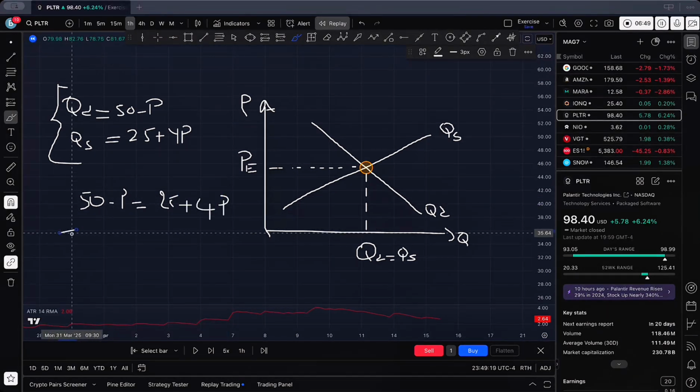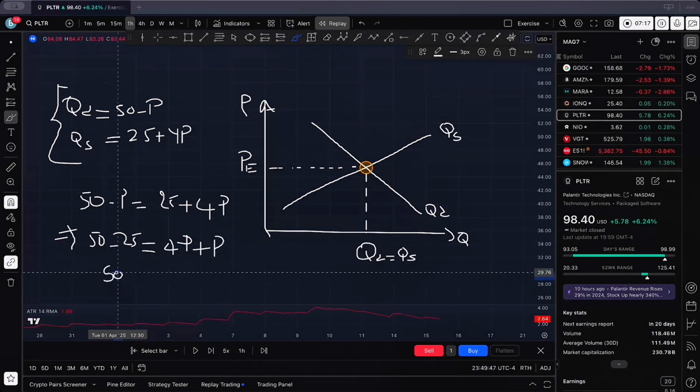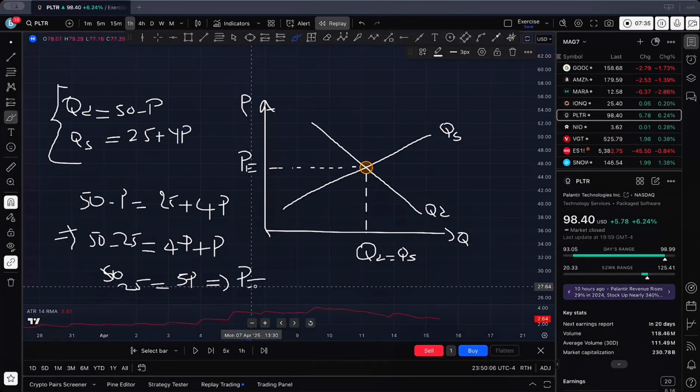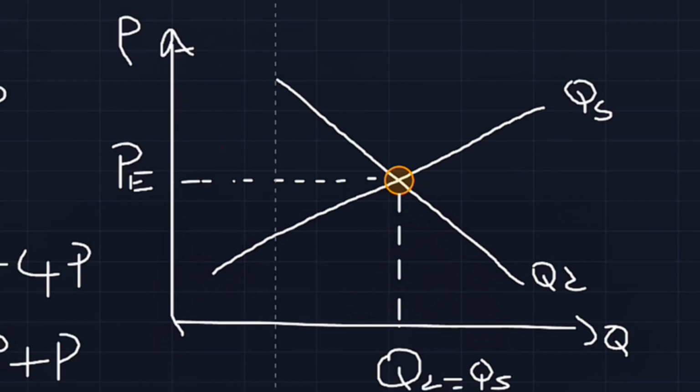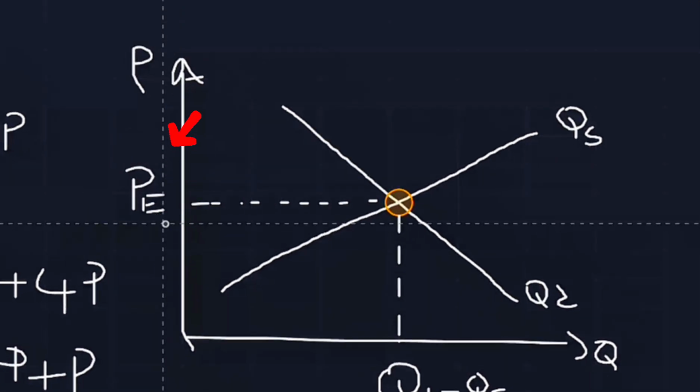If we regroup all these terms, we have 50 minus 25 equals 4P plus P. So we will have 25 equals 5P, which implies P equals $5. So this P over here is the price at the equilibrium.